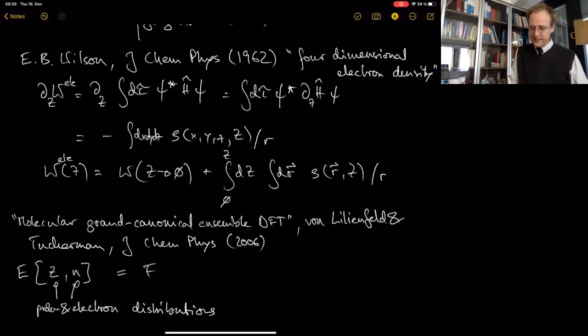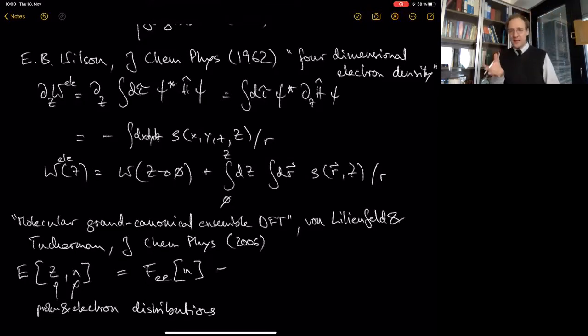So this thing is the universal functional plus a term which depends on the electron density, which implicitly also depends on the nuclear charge distribution, plus the external potential term.